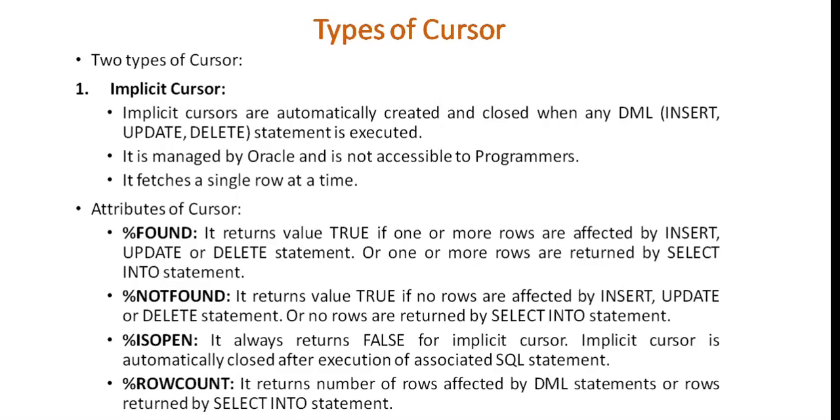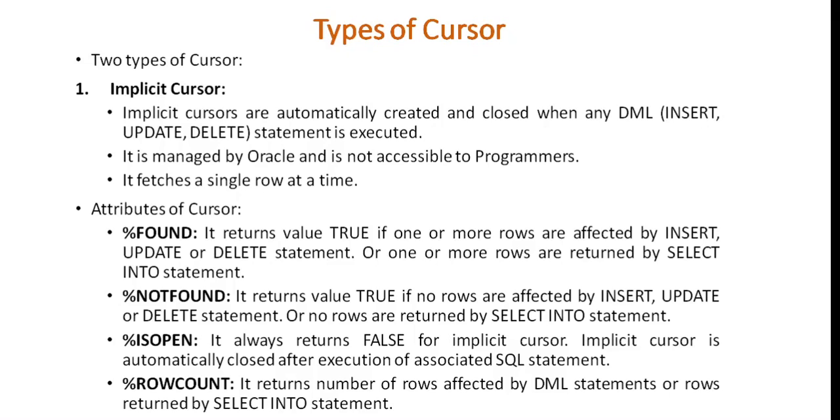Then next we have %rowcount attribute. %rowcount, as name suggests, is used to return number of rows affected by DML statements or number of rows returned by select into statement.